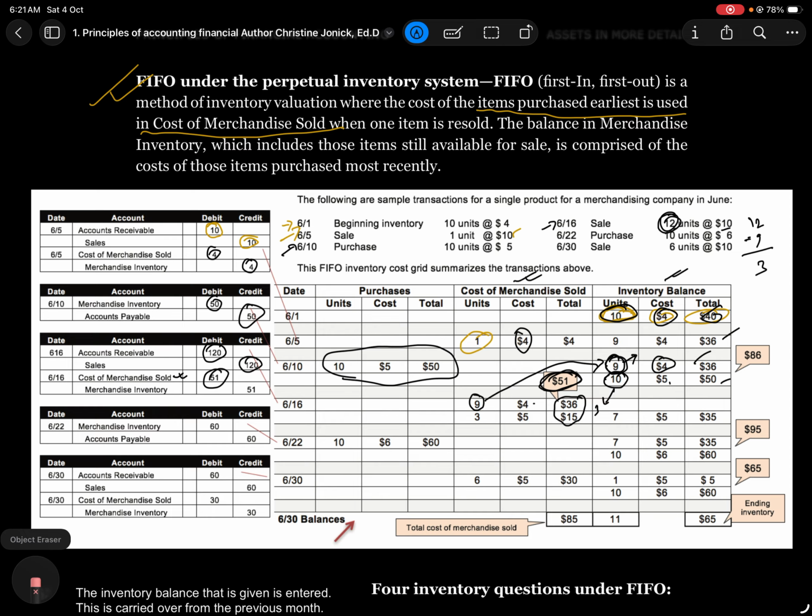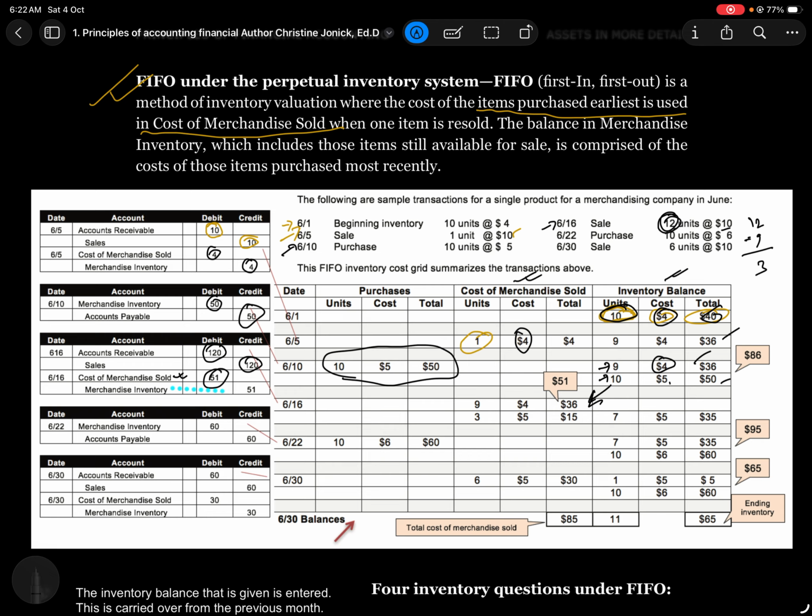FIFO is just a method of choosing which one to take first among our balance, to use in our costing.